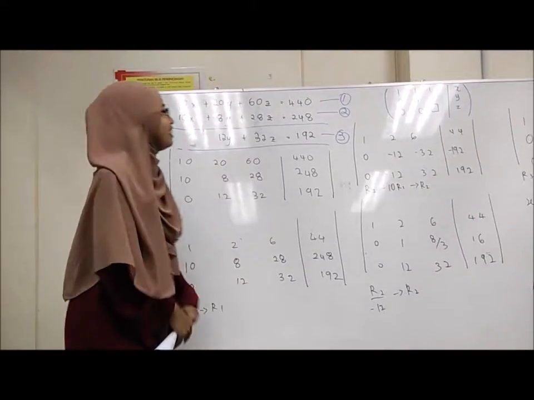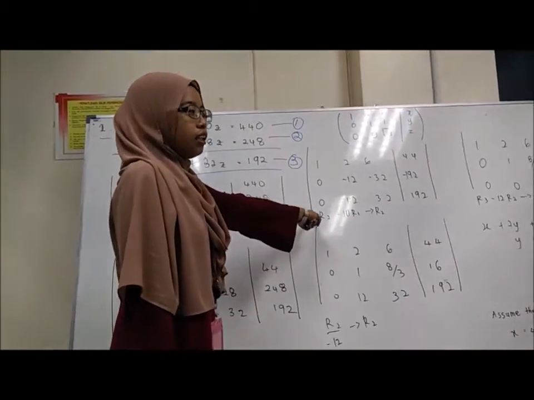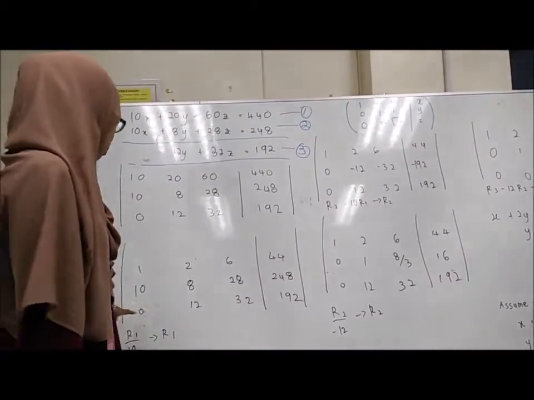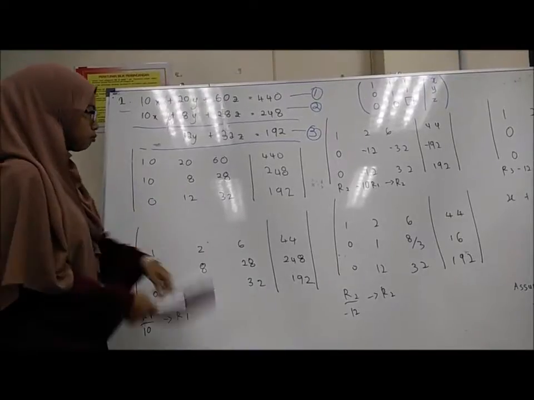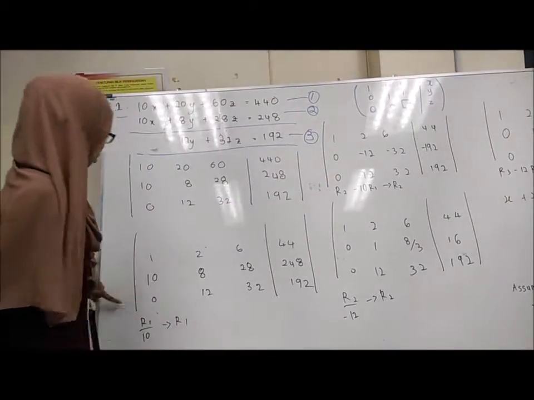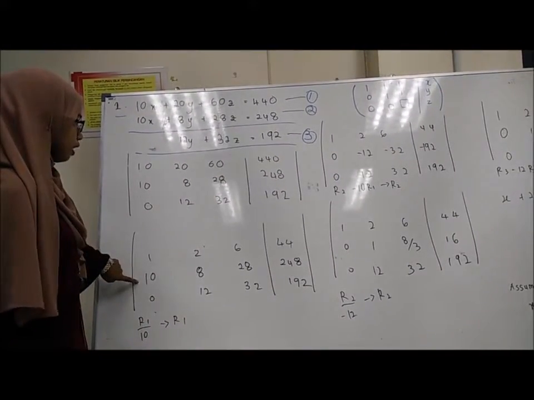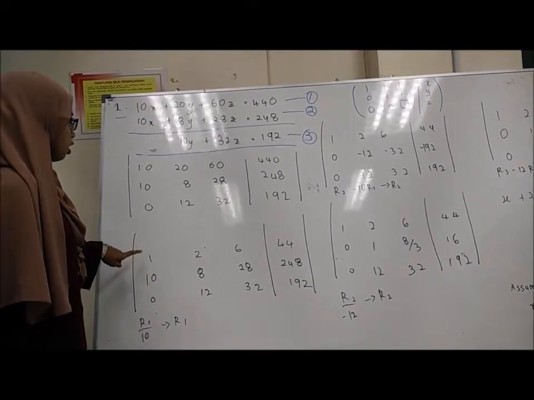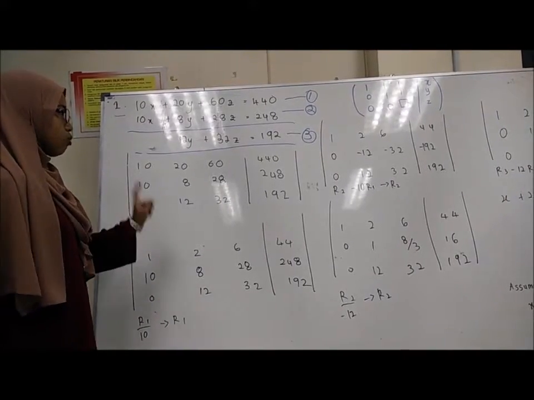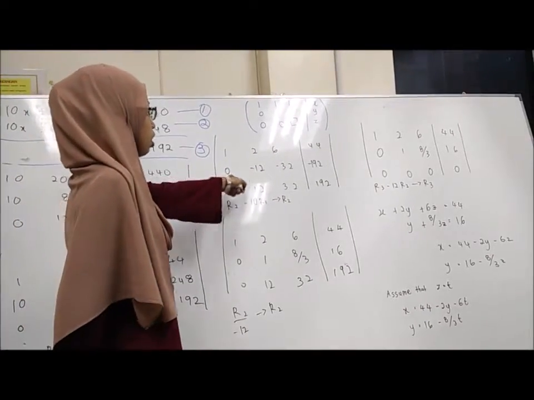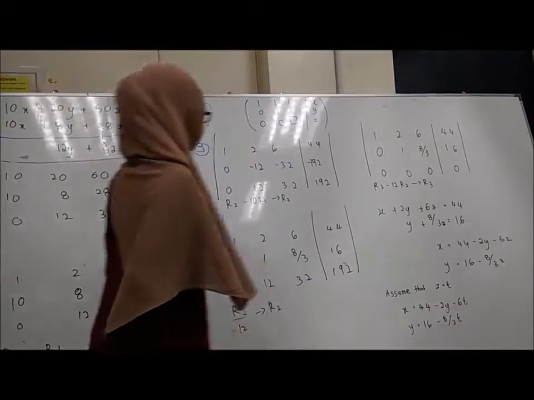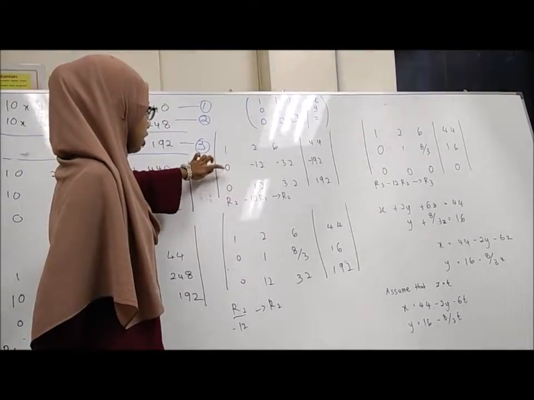So on this formula, row 2 minus 10 row 1 will make 0, which is 10 minus 10 times 1 it will become 0, like this. So proceed with this row, we can get 0.